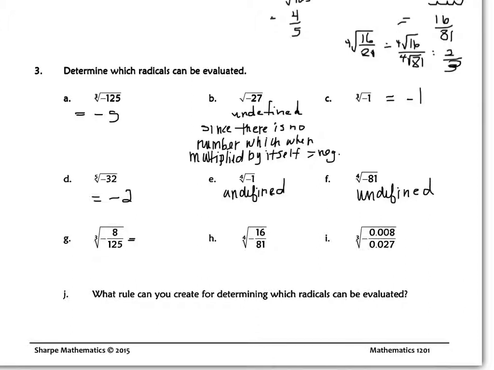And this one here, we can break apart the top and the bottom again, and when there's a negative value, you can put the negative with either the top or the bottom. I'm just going to put it with the top for now. And then that would give you negative 2 over 5, or negative 2/5. And this one here again would be undefined. If you try to put these on your calculator, you will get an error message, and that's why.